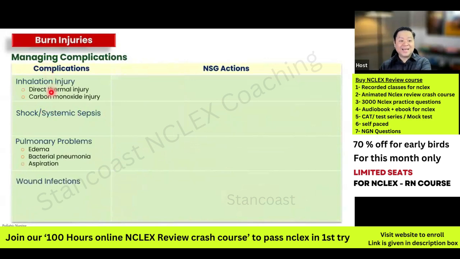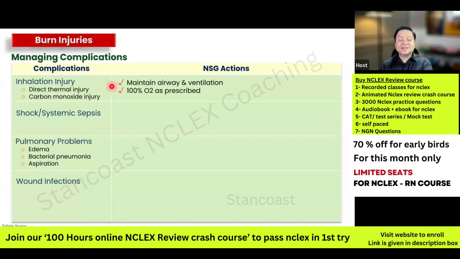It could be in the form of an inhalation injury. It could be caused by direct thermal injury. It could be through carbon monoxide injury. It could cause maybe shock or systemic sepsis, maybe because they have been exposed to the outside environment already. And so when we have our patient with an inhalation injury, we want to make sure that we are maintaining proper airway, make sure that they're able to ventilate themselves, and assess for any abnormal signs such as stridor.